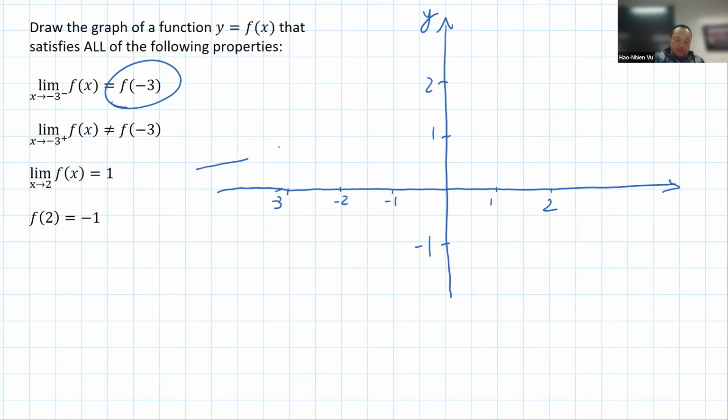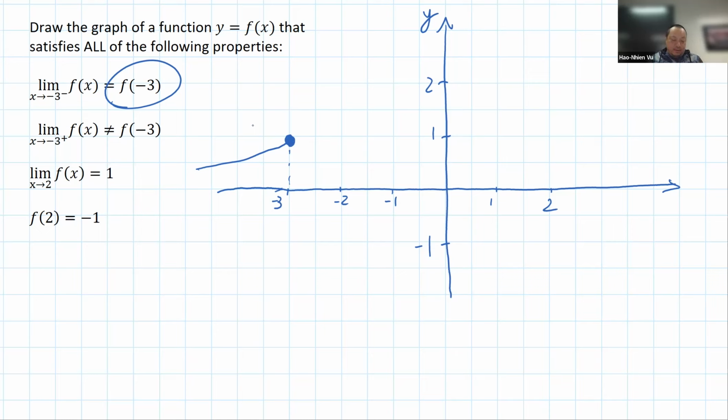The question doesn't say what it's equal to. So let's make sure it has a limit, and let's make sure it's equal to f(-3) at that point. So let's fill it in. This is the limit as x approaches -3 from the left. And this filled in point is the value of the function at -3 itself.